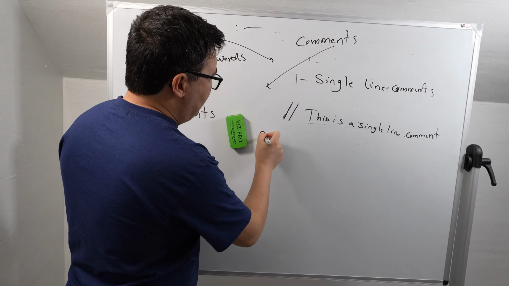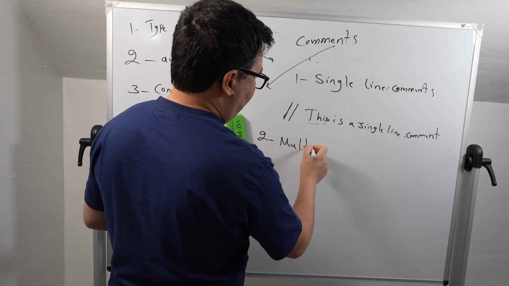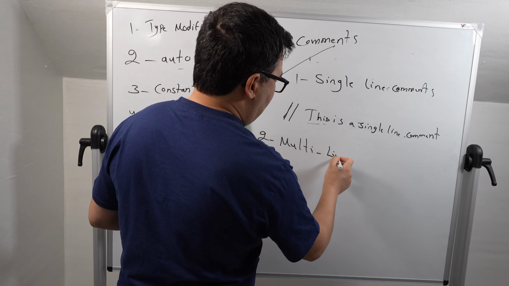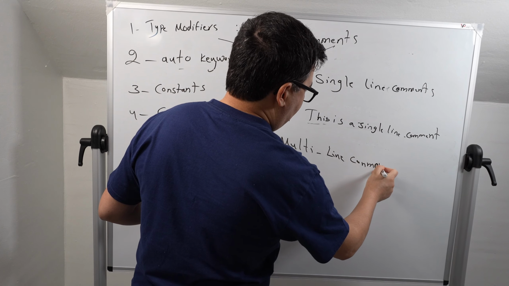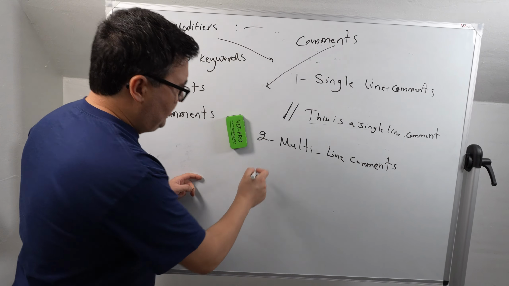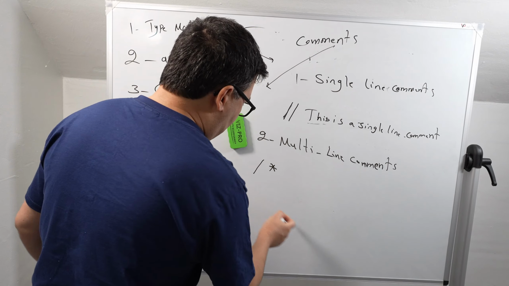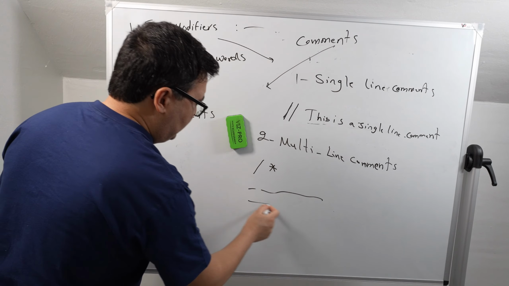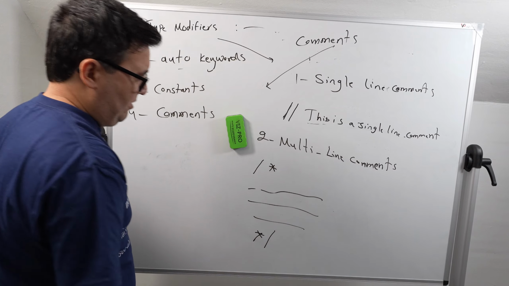And we have multi-line comments in C++. A multi-line comment starts with slash star, and it will comment multiple lines. So we can have first line, second line, third line, and it ends with star forward slash.